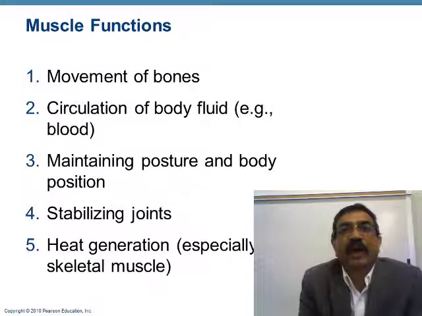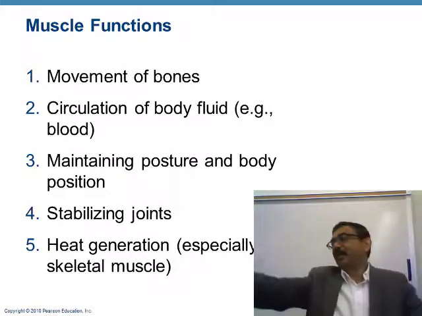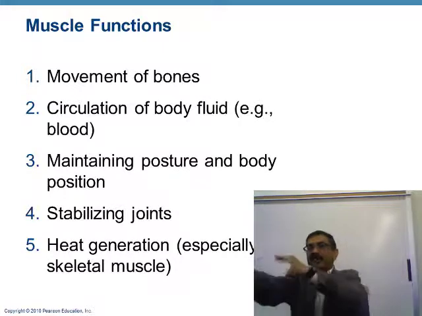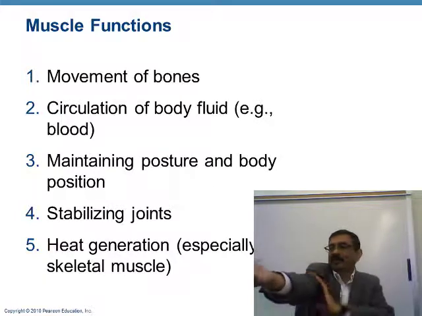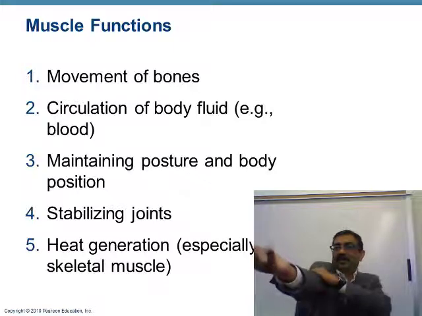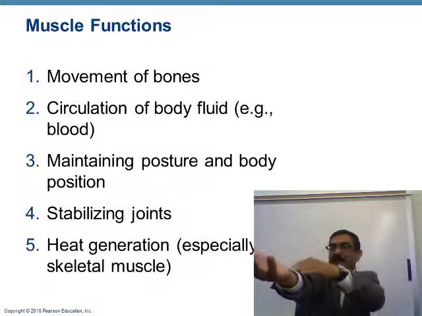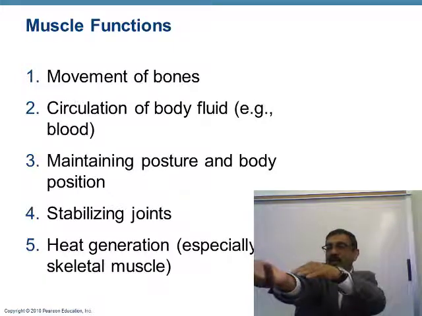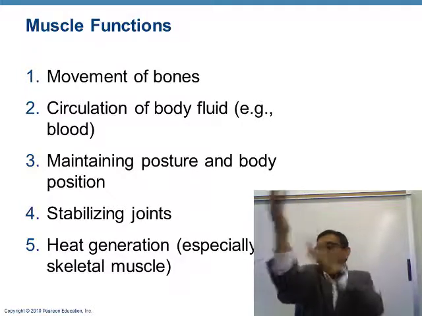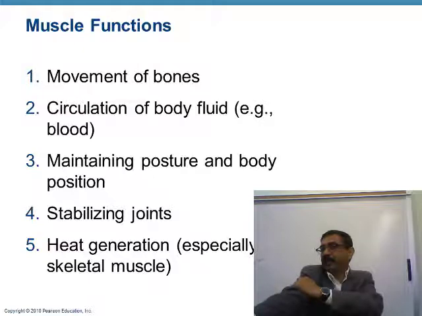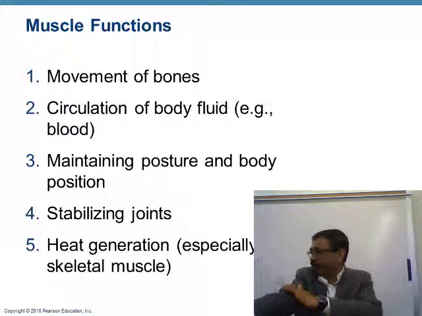Stabilizing joints. The muscles cross the joints. You see here, the muscles originate or start in the arm, they go to the forearm. The muscles arise from the forearm, go to the hand. So what happens? Those muscles originate here, go to the forearm, that means cross the elbow joint. Is it clear?